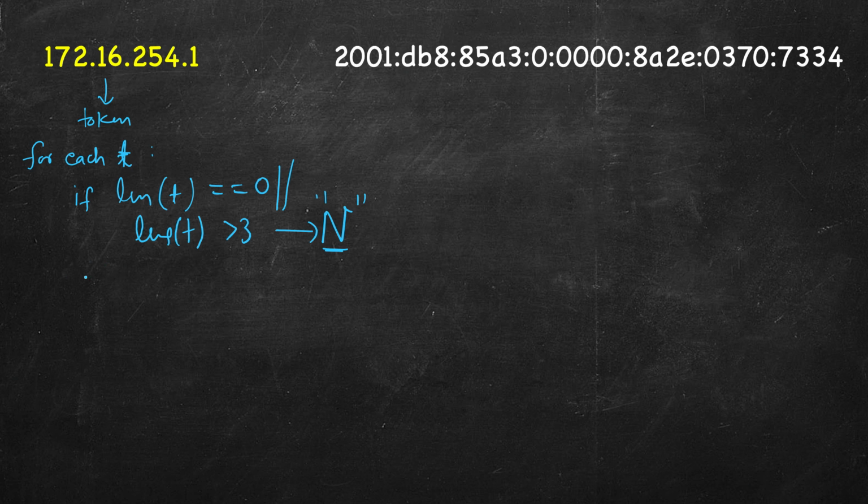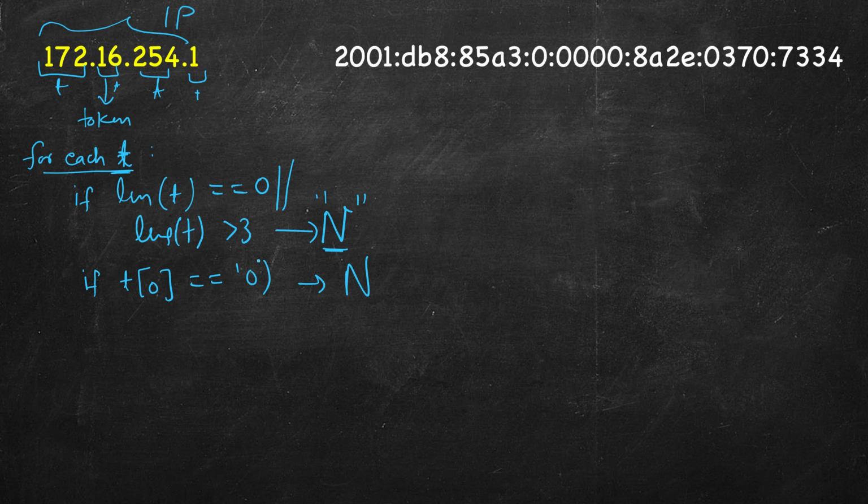Then the second condition is that for each token, this is T, first token, second token, third token, fourth token. This entire thing is IP. So we are talking at token level. If T0, that is first character, is 0, then again we return neither.